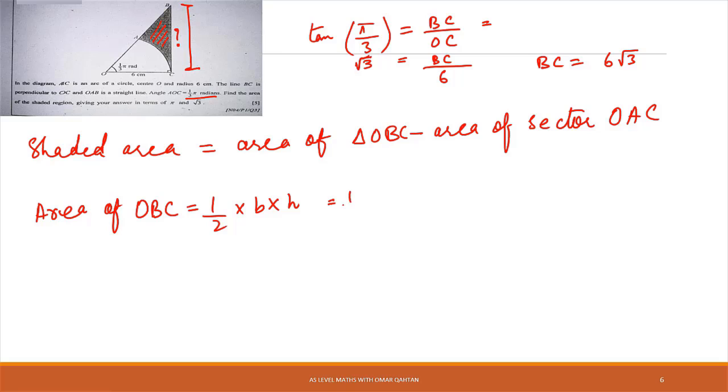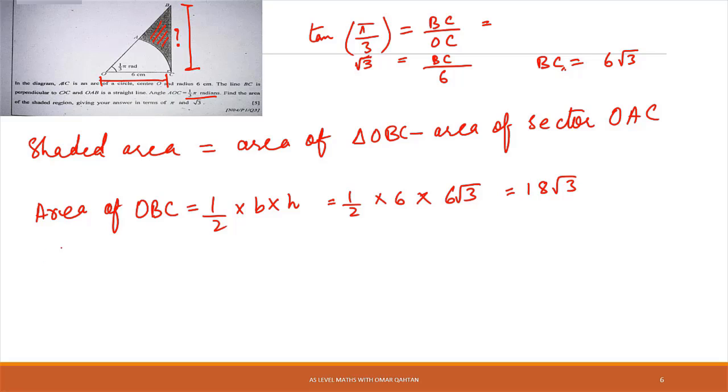So now I can apply this in here. So 1 upon 2 into this base is OC, and this height, that is BC. We just found this BC over here, so it will be 6 root 3, 18 root 3.